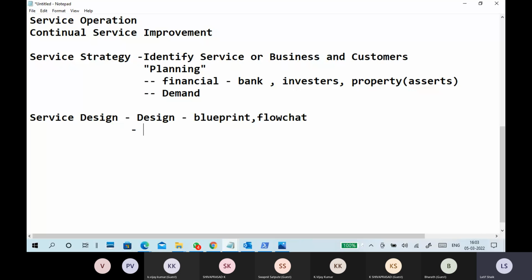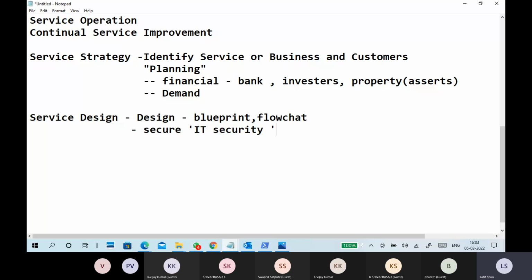Next, secure your design. So that is IT security. Security is very important because your information can be stolen.